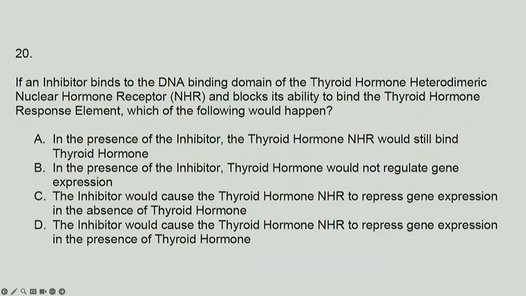Because it's not binding it anymore, right? So the inhibitor is not going to cause the thyroid hormone NHR to repress gene expression. It would be expressed, right? The inhibitor is gone.